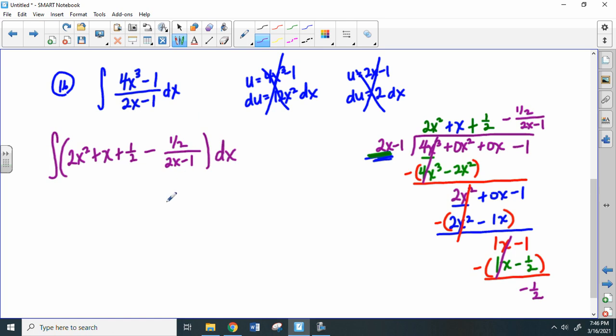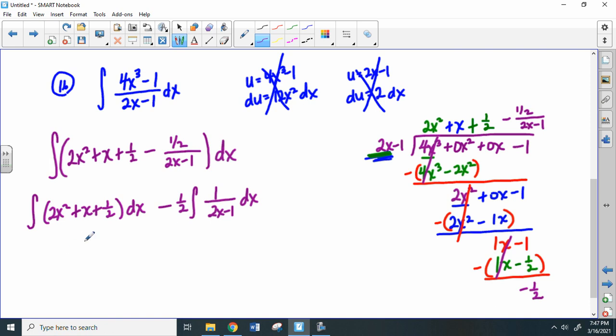Now there's pieces to that are a lot easier to integrate, okay? And so I'm actually going to separate them because properties allow me to do that. I'm going to take the stuff I know that's easier to integrate. I'm going to separate that from the rest of it, okay? And I really don't want to leave this 1/2 on top of a fraction, so I'm going to factor that out of my integral.